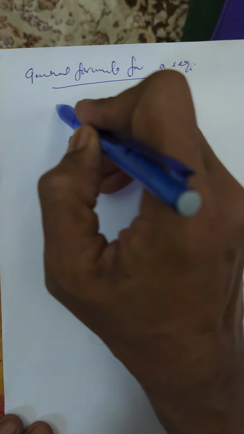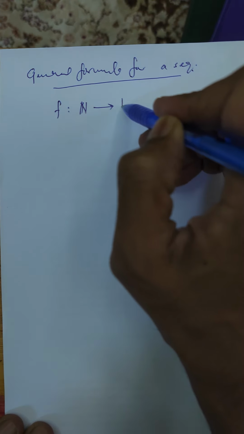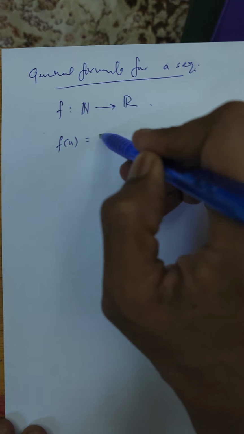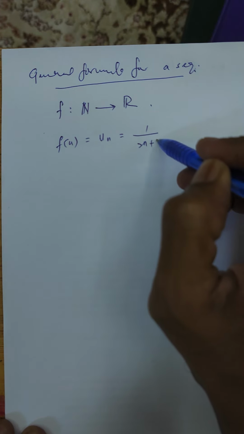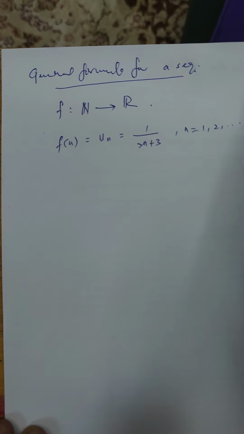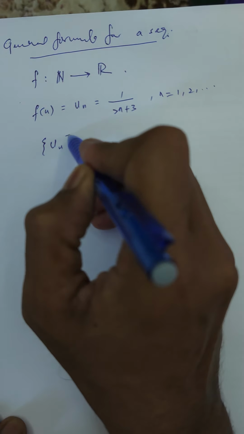So we know that a sequence can be defined as a function whose domain is the set of positive integers. For example, if you have f(n) = un = 1 over 2n plus 3 for n equal to 1, 2 and so on, you can write this as a sequence un.